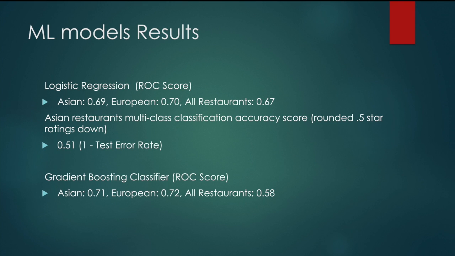And as you can see, for one of the multi-class classification models that we did on Asian restaurants, the test classification accuracy, which is basically 1 minus the error rate for the multi-class classification model performance on the test set, the accuracy rate was 0.51, which is barely better than a coin flip. So basically, our binary classifiers had much better performance than the multi-class classification models that we later did.